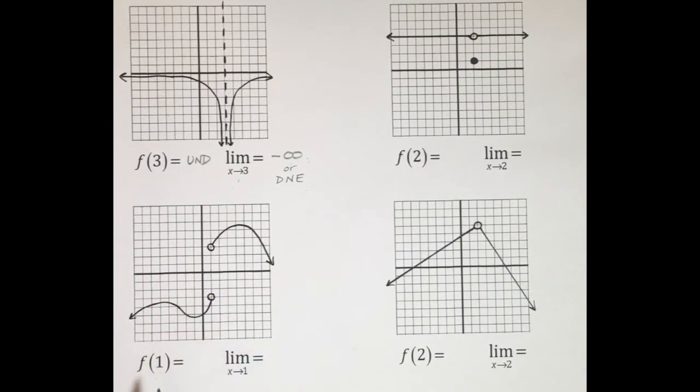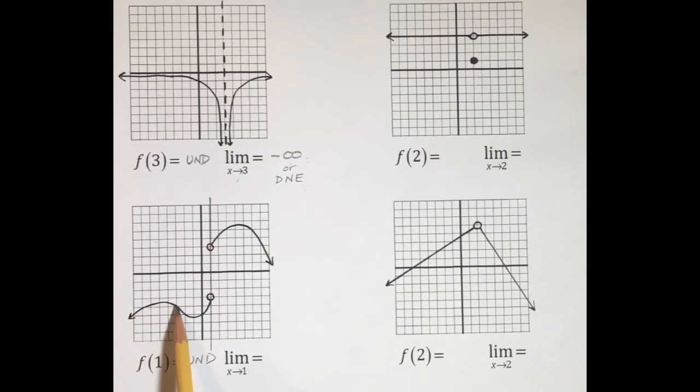Let's take a look at this function and evaluate f of 1. Notice that where x equals 1, there is no output. If you look up, my pencil will slip through that hole, and if you look down, my pencil will slip through that hole. I'm going to say that f of 1 is undefined. Let me draw a line where x is 1 with my pencil. As I approach this line from the left-hand side, my graph is headed towards the point 1, negative 3.